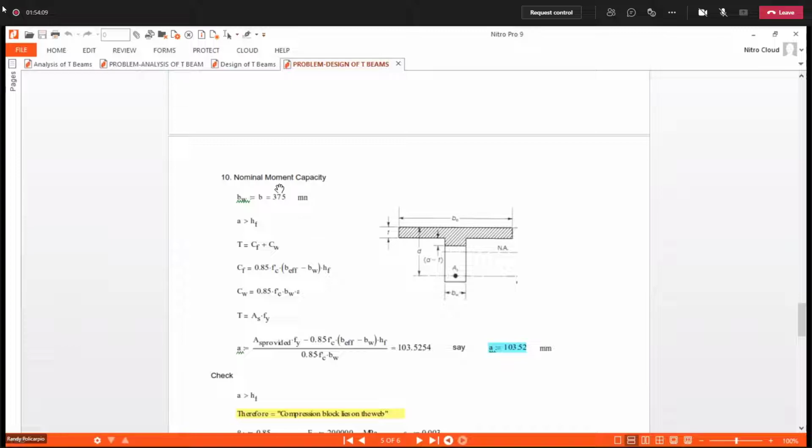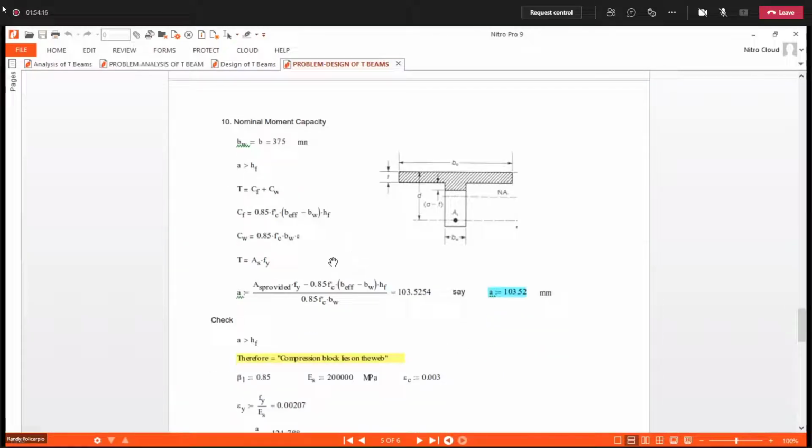Okay, so we will determine now the nominal moment capacity, assuming that A is greater than HF. So diretso na tayo. Hindi na tayo pupunta pa doon sa A is less than. So punta na tayo doon sa A greater than.